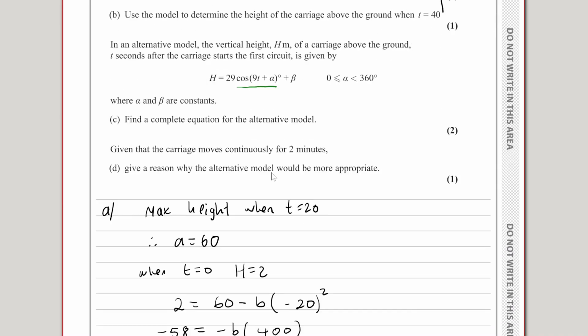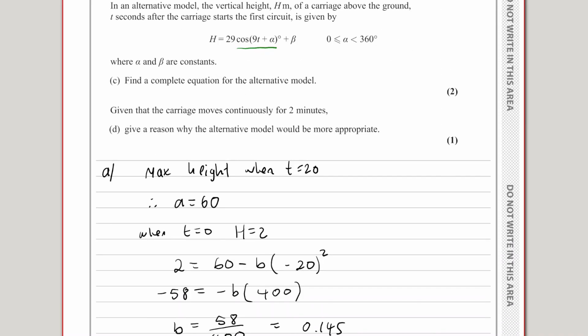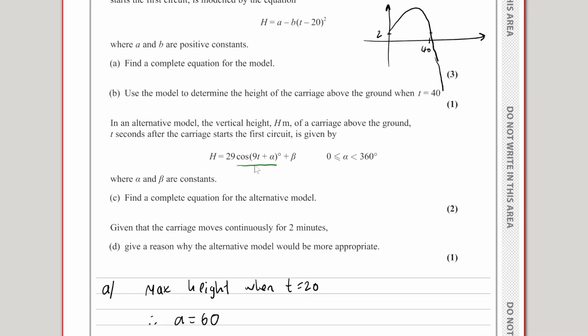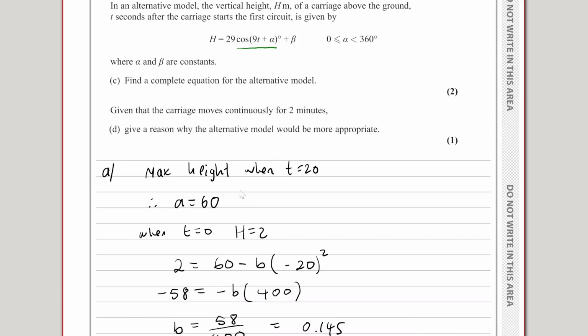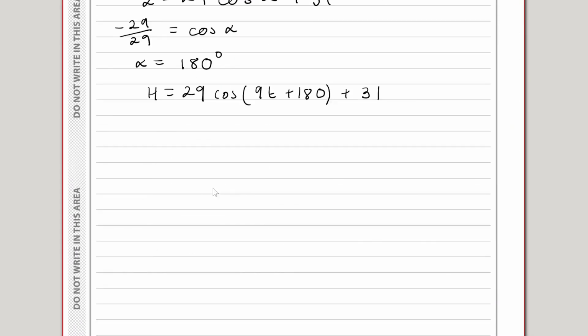It would be better if it makes our wavy shape, so 29 cos 9t.